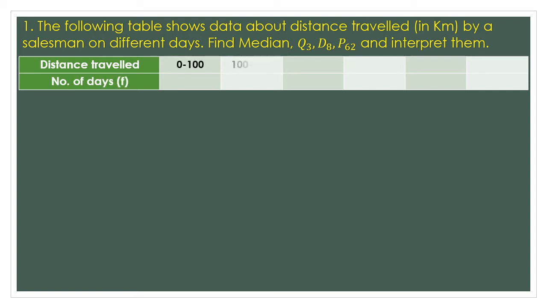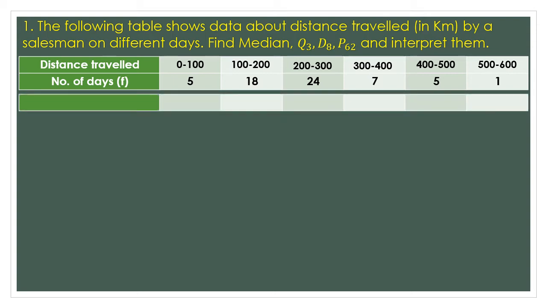So 0 to 100, 100 to 200, this is an exclusive continuous frequency distribution which we have here. For that we will be required to calculate classes for each and every given data and then use the respective formulas for that.